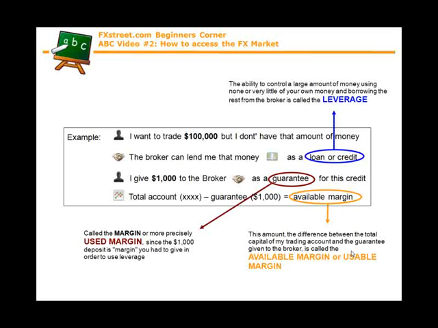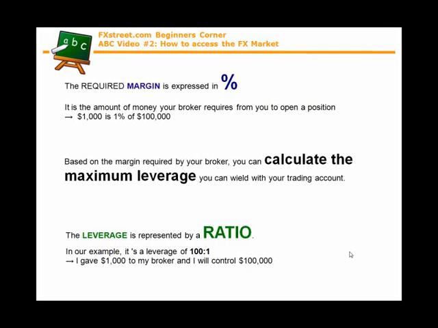So, the broker will set aside those $1,000, right? And now the difference between the total capital in my trading account and the warranty given to the broker is called the available margin. The required margin to trade is usually expressed in percentages. In this case, this margin is 1%, right?